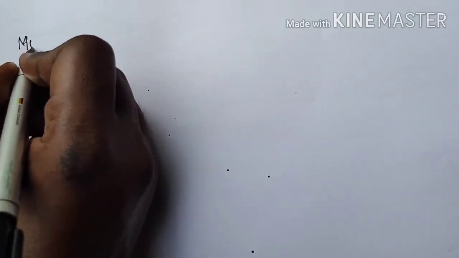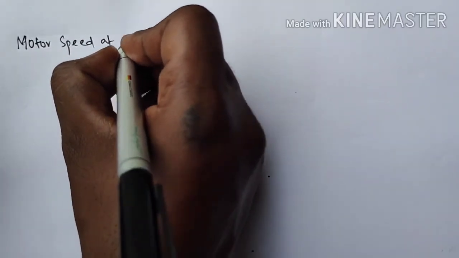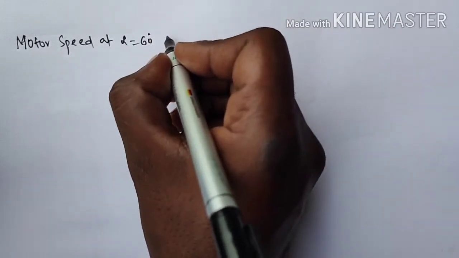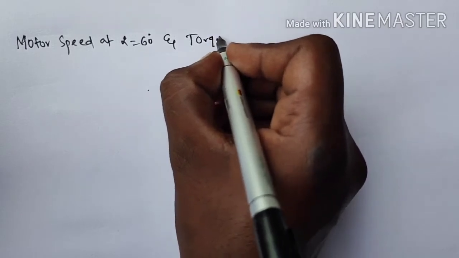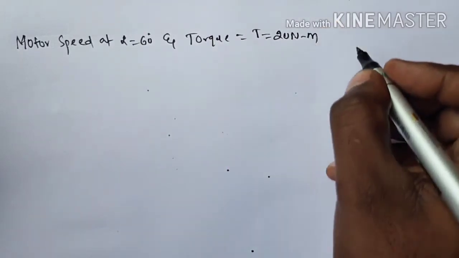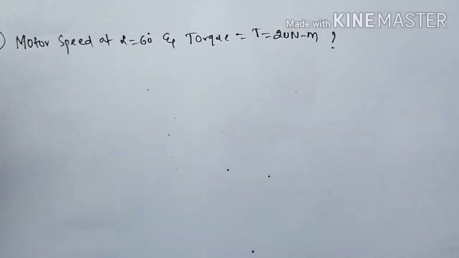In the second problem, we have to calculate the motor speed at alpha equal to 60 degrees and torque T equal to 20 Newton meters. This is our second question in the given problem. So let us see how to calculate it.